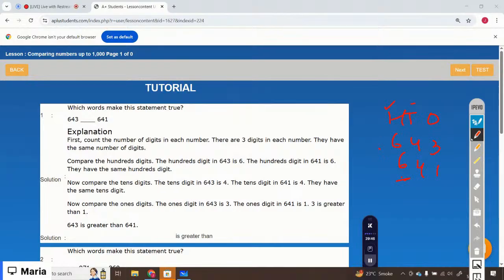So now go to the tens place. Again, they both are exactly equal. Now look at the digits in the ones position. Here we have 3, here we have 1. So 3 is greater than 1. That means 643 is greater than 641.